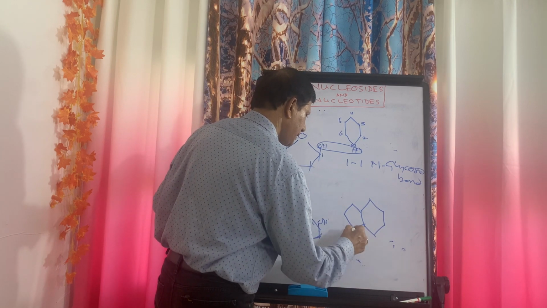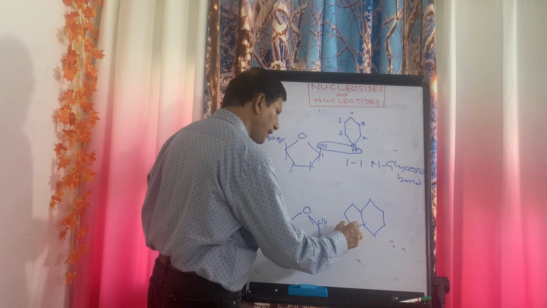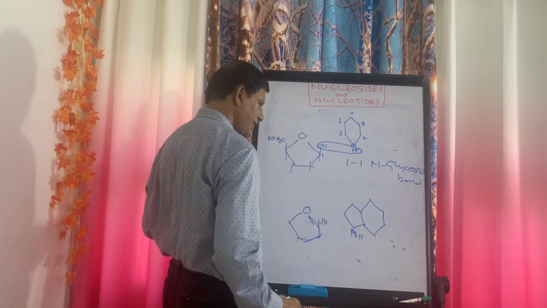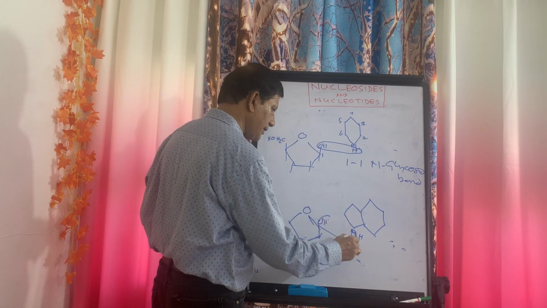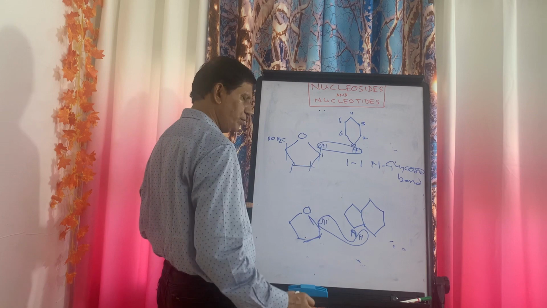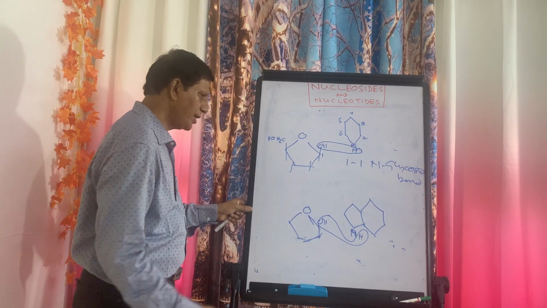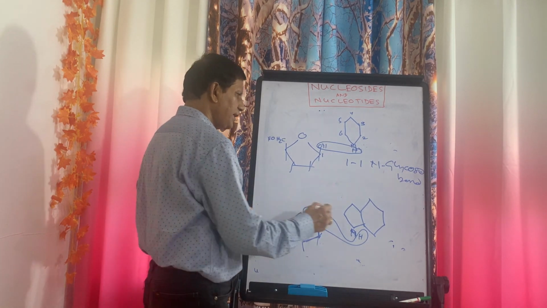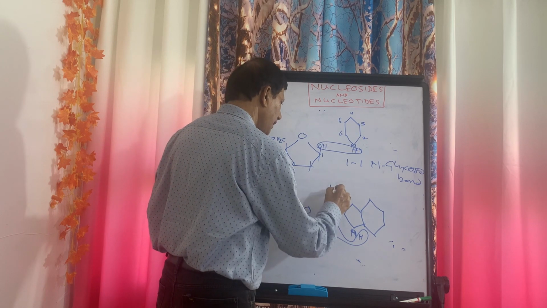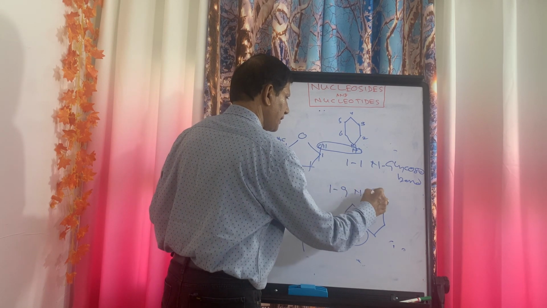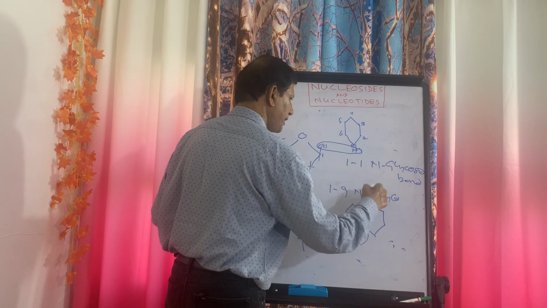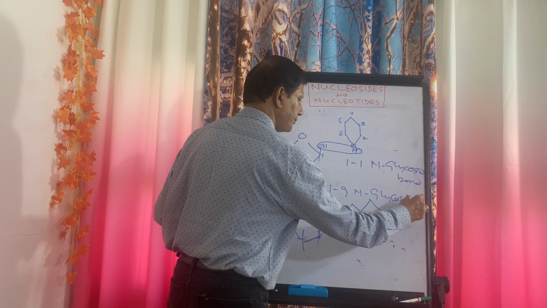So here this is the ninth position, and at the ninth position there is an NH group. So this OH and this H will combine together to form a glycosidic bond. So in this case, it is known as a 1,9 N-glycosidic bond. These two are very important from the examination point of view.